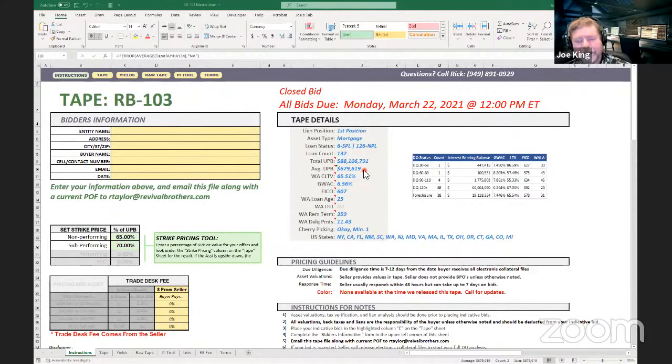Let's just say that. Not to say that those aren't good deals. You can still find good deals as long as you have the right strategy, but that's not what we're looking for here. We're looking for a specific strategy to move forward with these notes.